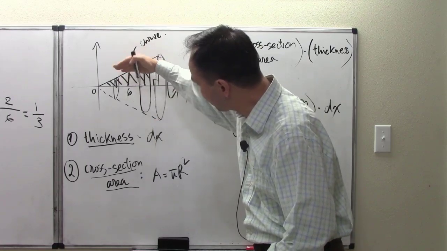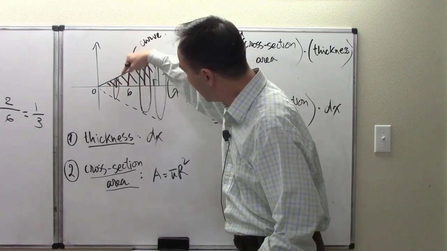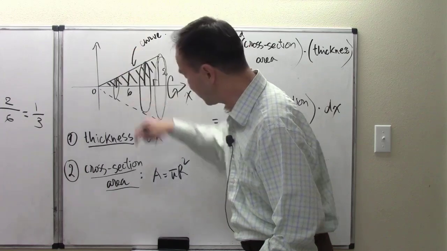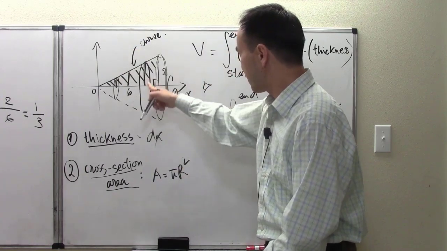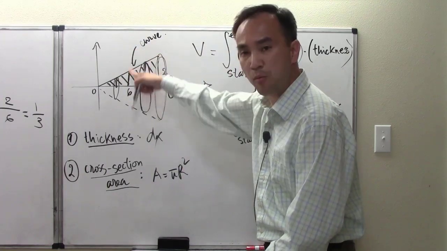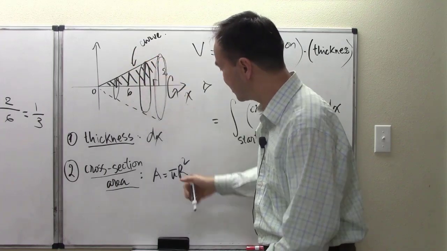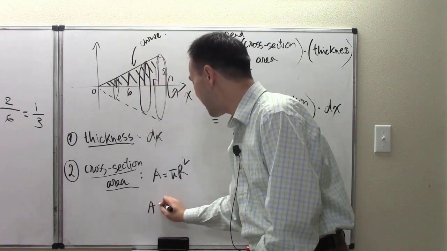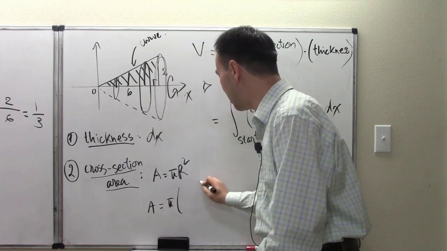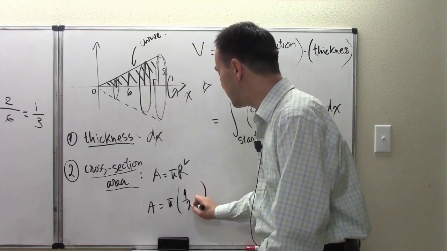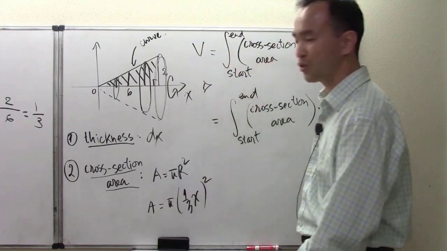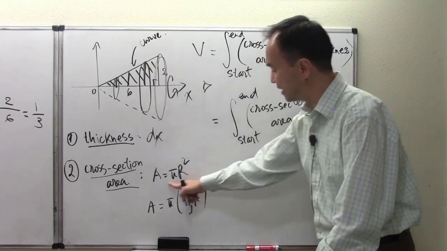The height here, from the rotation axis out to the boundary of the region, is the radius, the function's output, the physical height right here. So now I'm looking at area equals pi times r, where r is 1/3 x, and I'm going to have r squared. So now clearly this is a function.